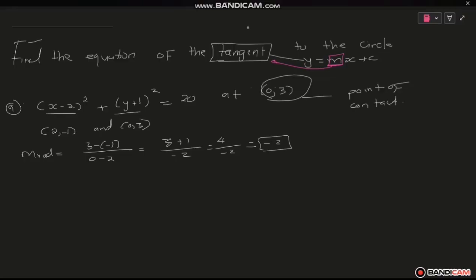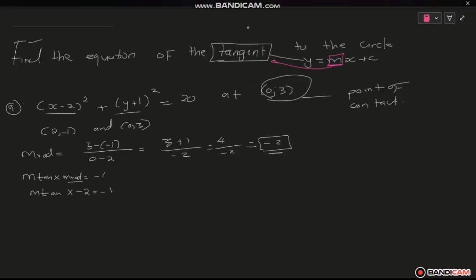But to find m tangent, that's not the -2 that you're going to actually use as the gradient of the tangent. You use the property m tangent times m radius equals -1. We have the value of the m radius, which is -2.